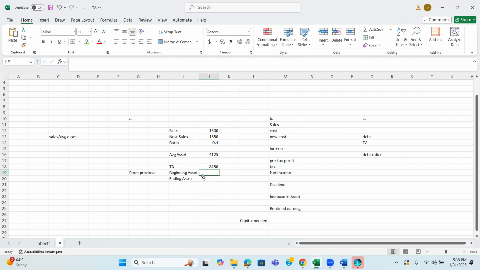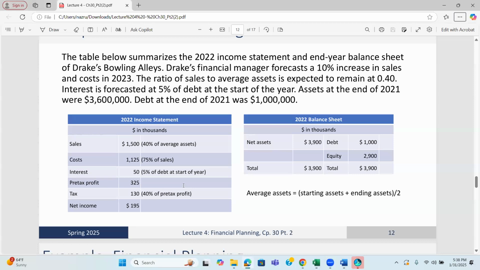For the beginning asset, we have to go back to the previous period. So if this is for 2023, then for the beginning asset, we can consider the ending asset of 2022 as the beginning asset of 2023, right? So let's see the ending asset on 2022. So the ending asset was 3900 for 2022.